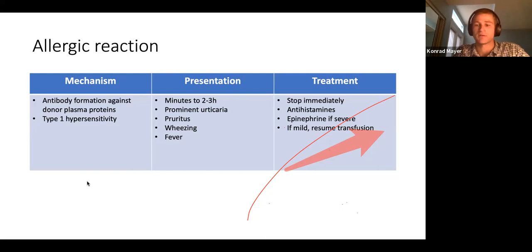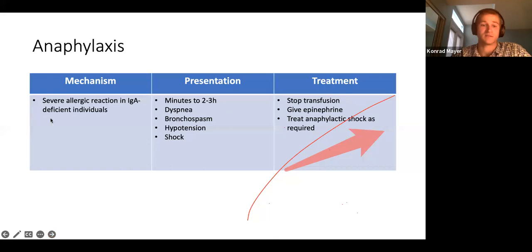And the treatment is to stop it immediately, administer antihistamines, epinephrine if severe. And once the transfusion has been stopped and it has been confirmed that this allergic reaction is only contained to urticaria or some itching, then you can resume transfusion. If it is not mild and the reaction gets out of control, it is anaphylaxis.